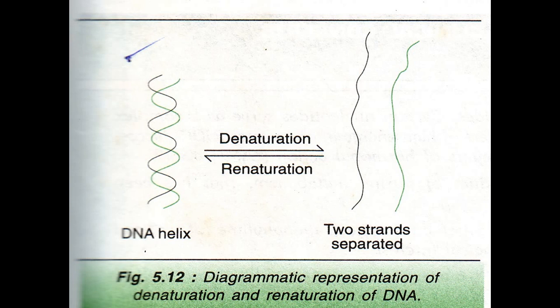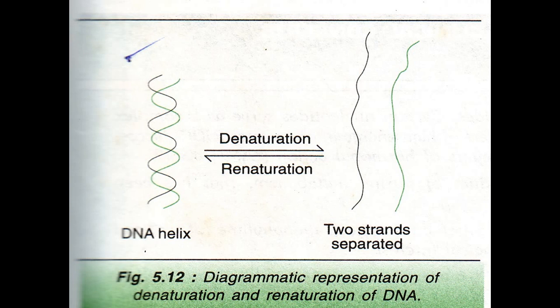And again by renaturation, both the strands can form into a DNA helix, by decreasing the temperature you can make both the strands double helical again. That is called renaturation.